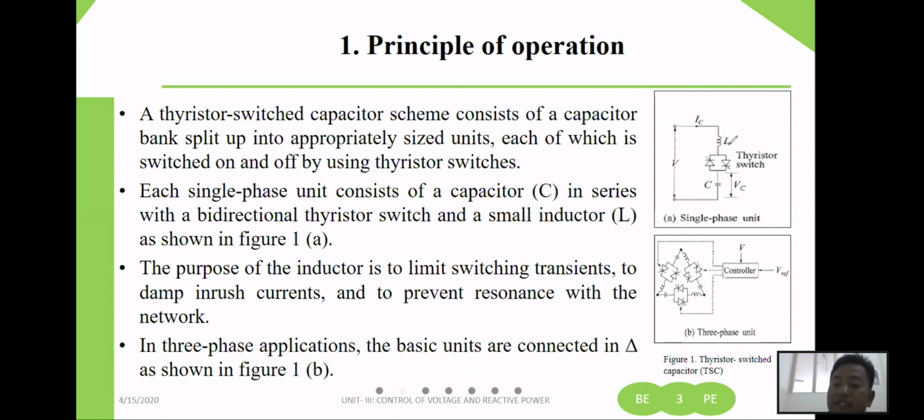The second condition is that the polarity of the capacitor voltage should be the same as that of the bus voltage. If your capacitor voltage is starting from here, then the polarity is not the same, so we cannot choose this.